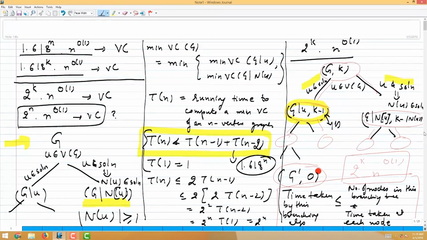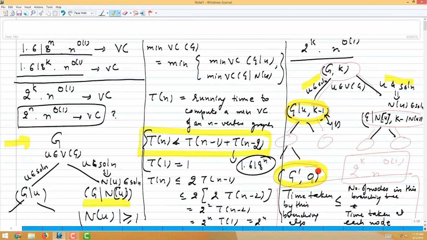So at least at the look of it, the way we are doing it, again, we'll keep on doing this branching until we get to an instance where k is 0, right? So it's not clear why we'll do any better than 2 power k, at least in this case, right?